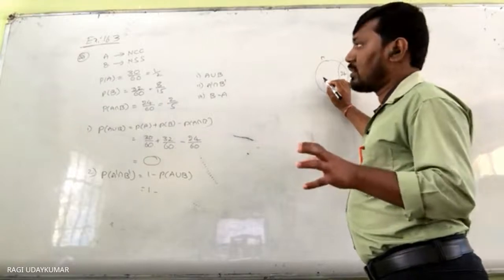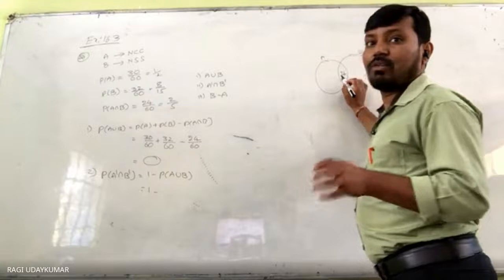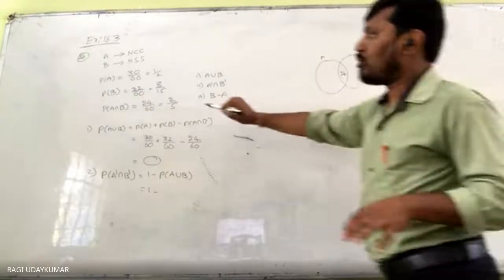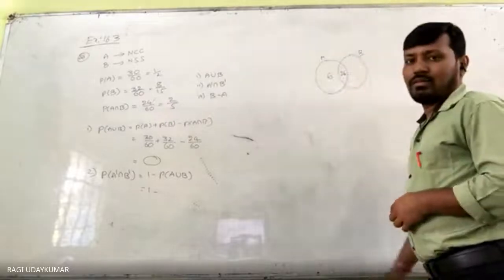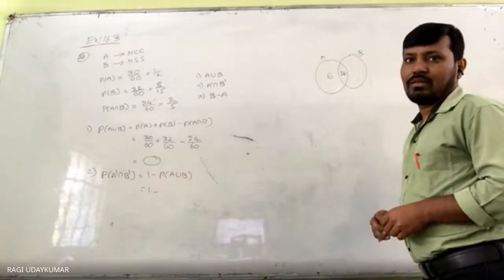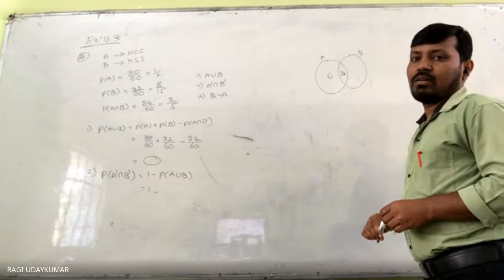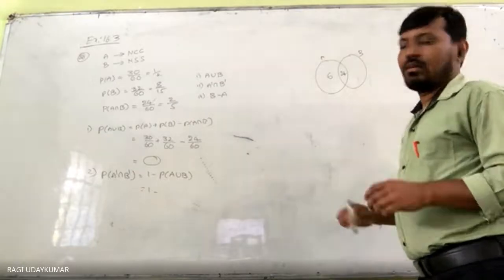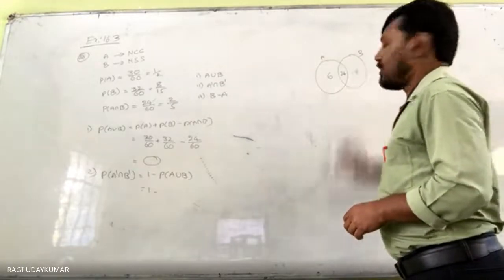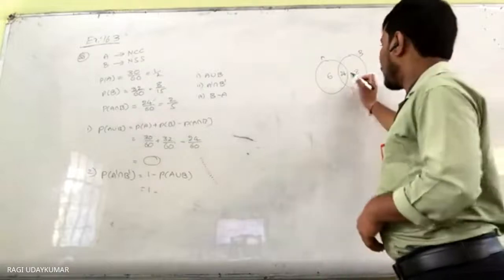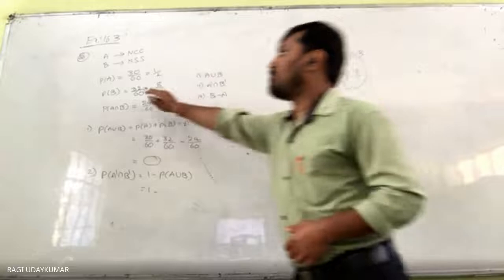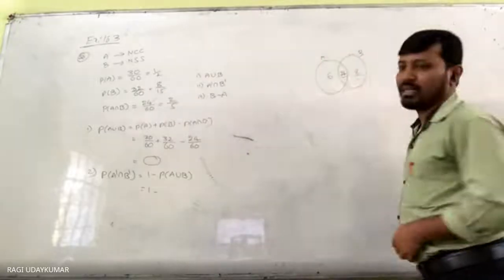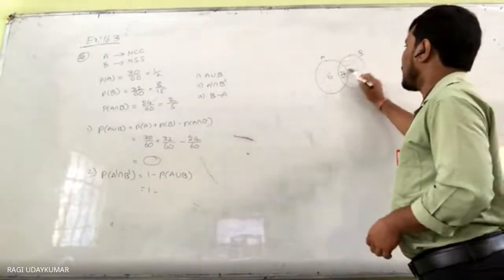NCC students are 30, and 24 is common, so here you get 6. And here you get 8, because the total for B is 32, and 32 minus 24 is 8. So B minus A is nothing but this part.